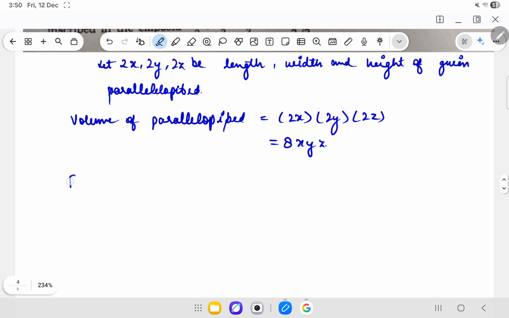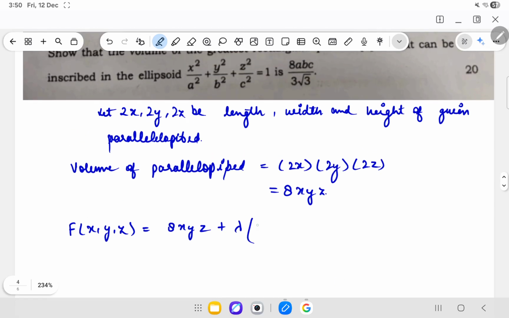So if I define the function capital F(x, y, z) equal to 8xyz plus lambda times the given condition, that is the equation of the ellipsoid, x square by a square plus y square by b square plus z square by c square minus 1.